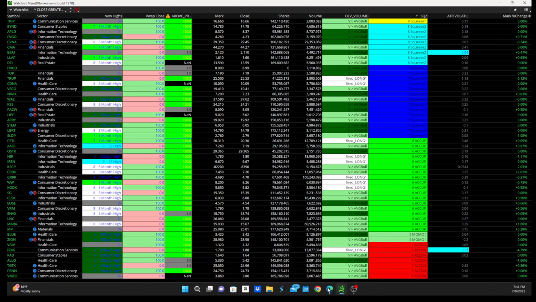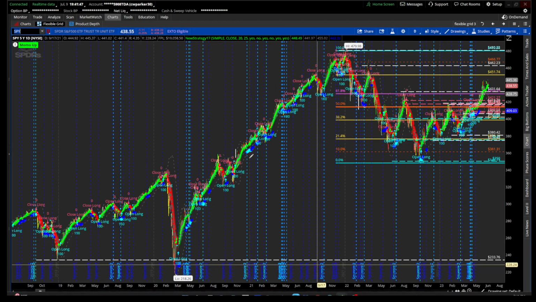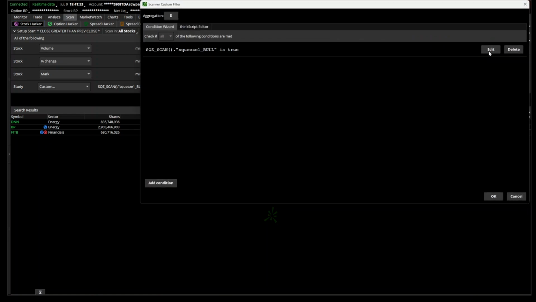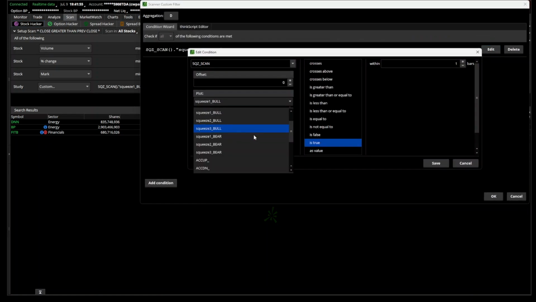So also, there's a scanner that goes along with this as well. So this is the scanner that I built for this. So if you want to see the squeeze, if a stock is just squeezing, if it's a bull squeeze or bear squeeze, and that really goes in accordance with the moving average. If it's above the primary moving average or below the primary moving average, to be bull or bear.